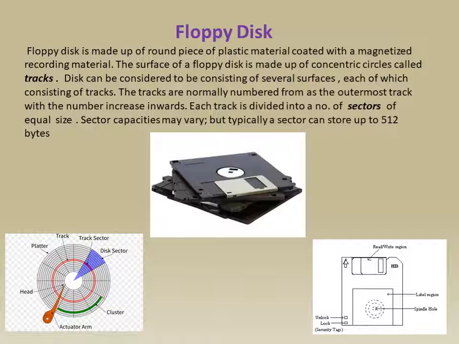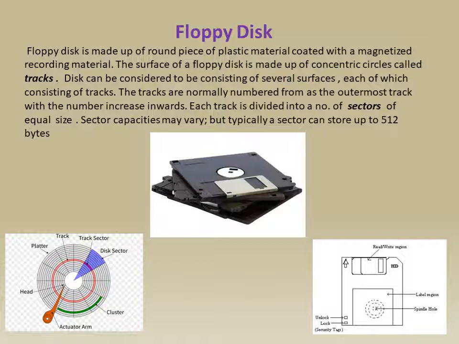The surface of a floppy disk is made up of concentric circles called tracks. That disk is divided into concentric circles, and these circles are called tracks. A disk can be considered to consist of several surfaces, one above the other, each of which consists of tracks.